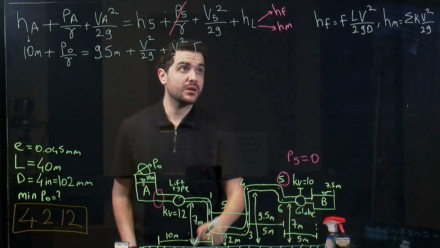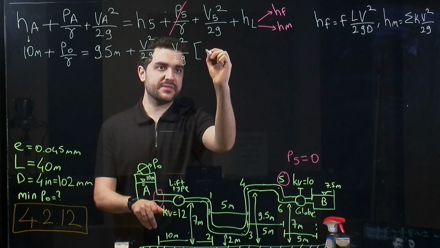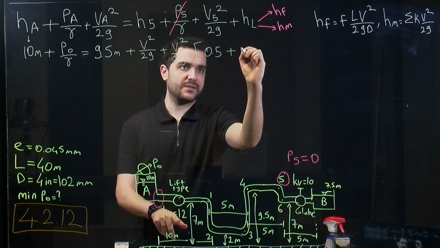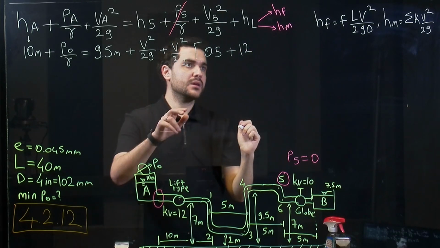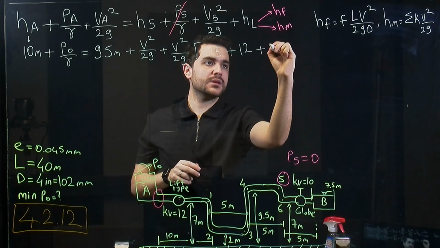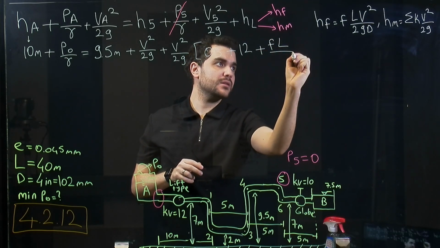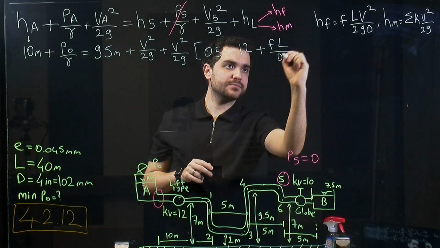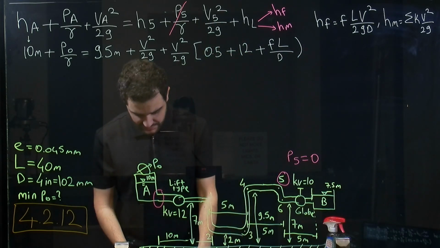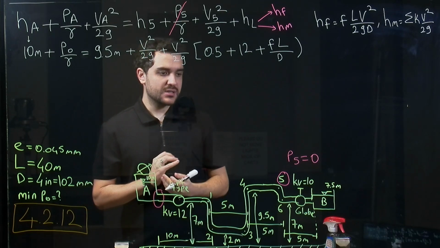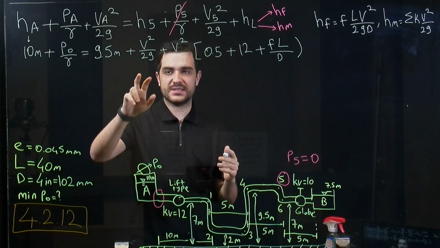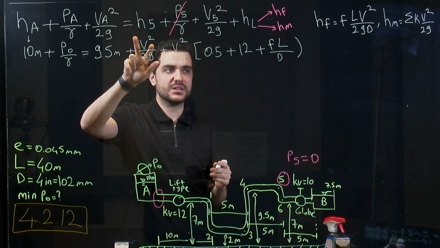So we will have 0.5 here and 12 here, and also the friction head loss will be FL over D. And in this question, we don't know the friction factor here because we still don't know the velocity here.